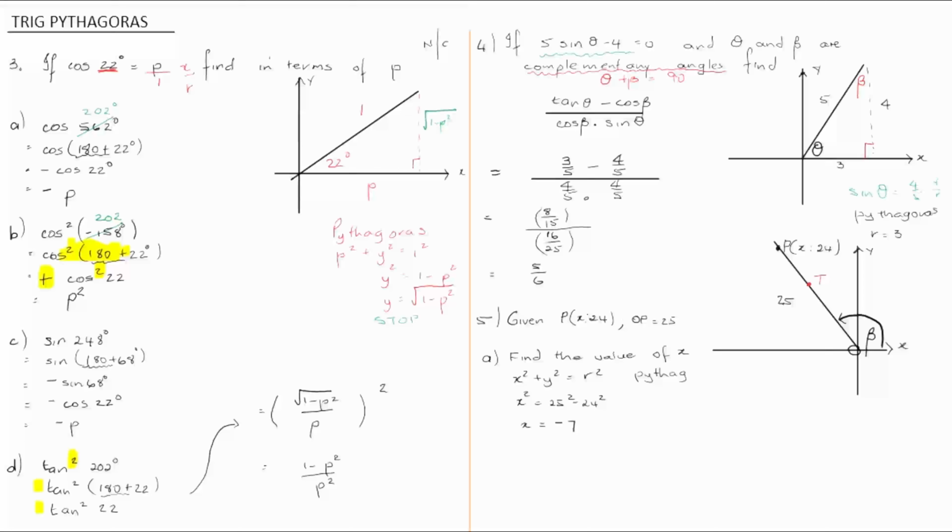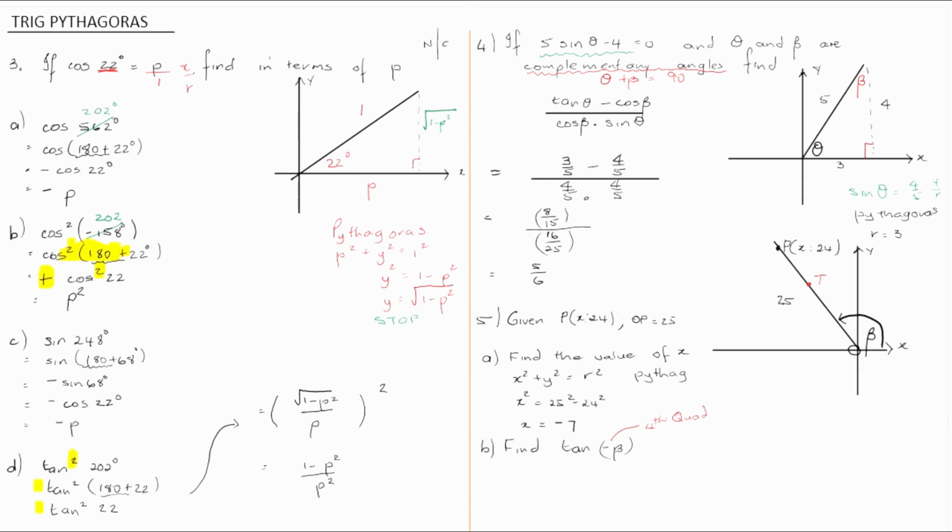Right, then on to the next question, which is B, and that is find, let's just do one of them, tan of negative B. Right, my favorite, negative B. A negative is in the fourth quadrant, where tan would pick up a negative.